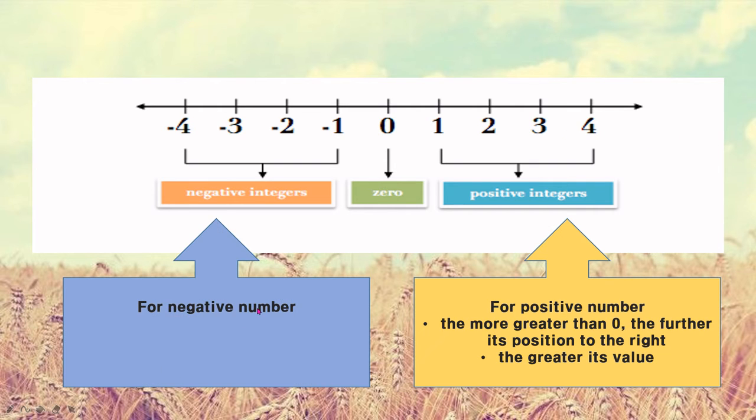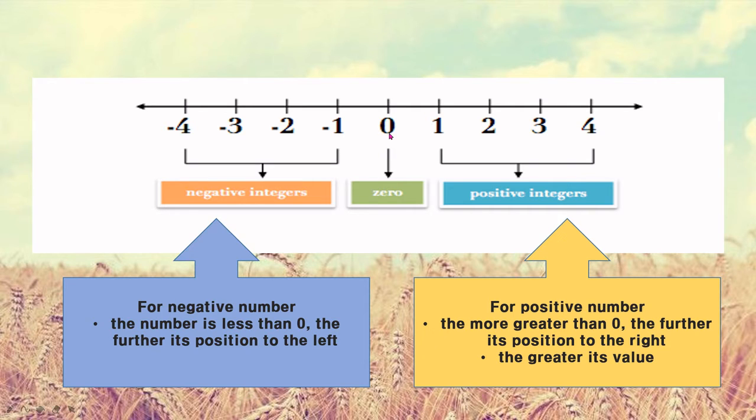How about our negative numbers? Our negative number is less than 0. The further it is positioned to the left, the smaller. If you ask which one is smaller, negative 1 or negative 2, I can tell you negative 2 is smaller than negative 1. Understand or not, girls? Come again.